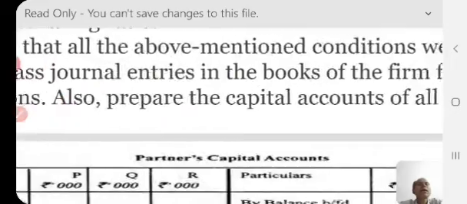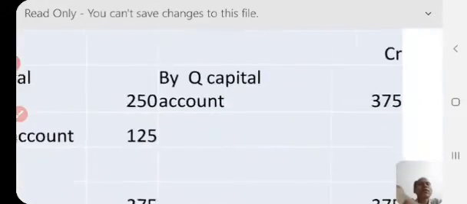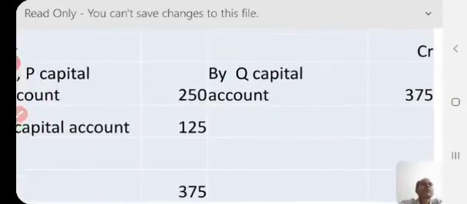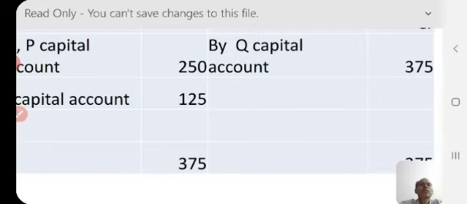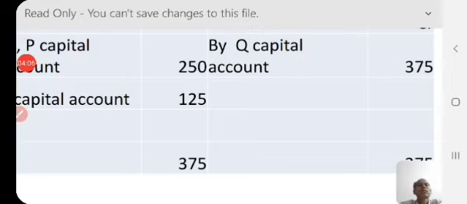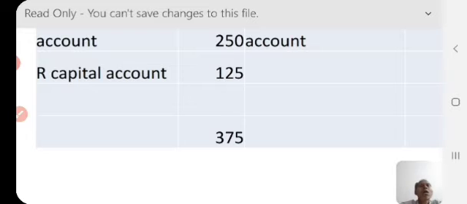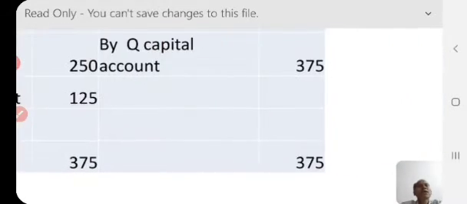Okay. Now we are moving to the cash account. See this cash account carefully. P has brought 250 thousands, and R has brought 125 thousands.